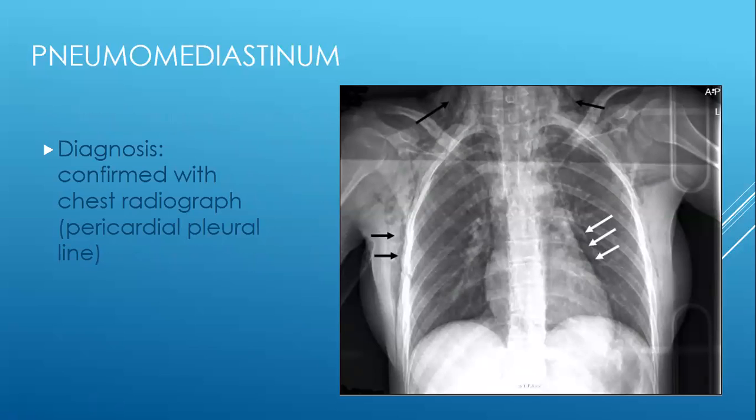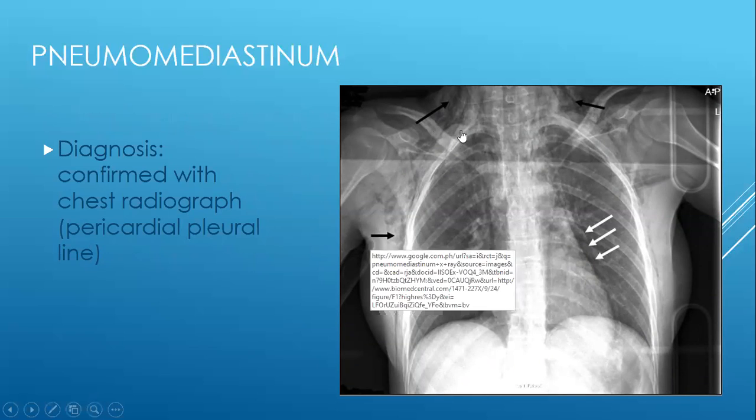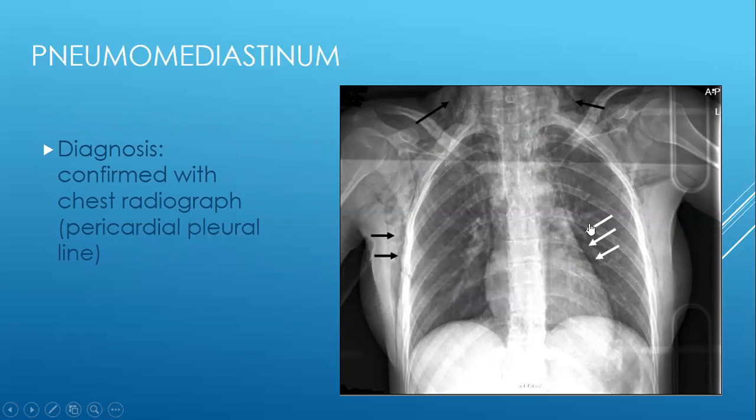So diagnosis, we usually do a chest x-ray, and you would notice here that there are black lines found on the neck of the patient. This is your subcutaneous emphysema. And you would notice also that there is a black line found between the heart and the lungs.